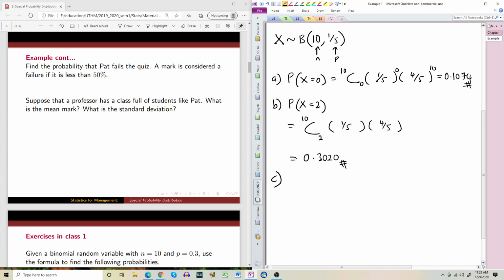Find the probability that Pat fails the quiz. When will you fail the quiz? See, all together you have 10 questions. You fail when you cannot get 50%.